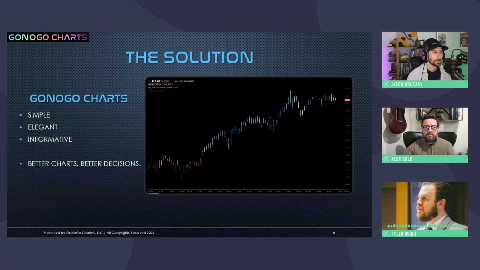Talk to us a little bit about what the colors mean. Absolutely. So we wanted to blend together those foundational principles and those statistical ideas of measuring trend into something that just color coded price action based on trend strength.